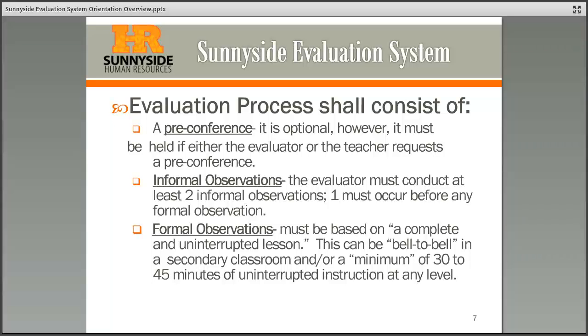One must occur before any formal observation. Formal observations must be based on a complete and uninterrupted lesson. This can be bell to bell in a secondary classroom and/or a minimum of 30 to 45 minutes of uninterrupted instruction at any level.